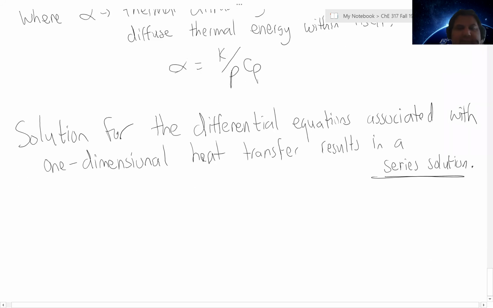Meaning we can solve the system, but we get an infinite series. And so what we do is we identify for particular geometries the important terms that exist within that series solution.